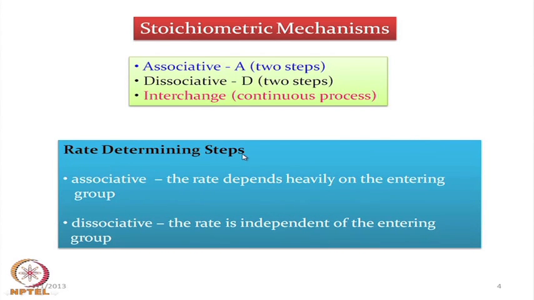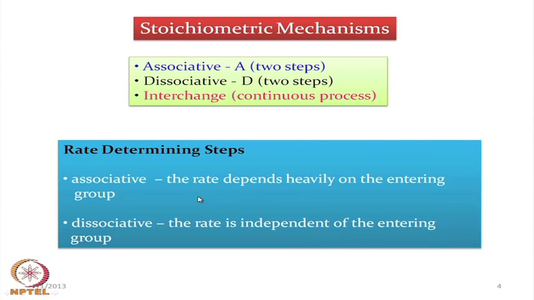So, the rate determining steps which are very important, how we can find out from the rate law: in case of associative mechanism, the rate depends heavily on the entering group. The group which is entering is dependent on that particular concentration. That means, when we go for the two ligands, the ligand which is coming up is being associated to the metal complex giving a same coordinated intermediate, or after dissociation it is coming and attaching to the metal center.